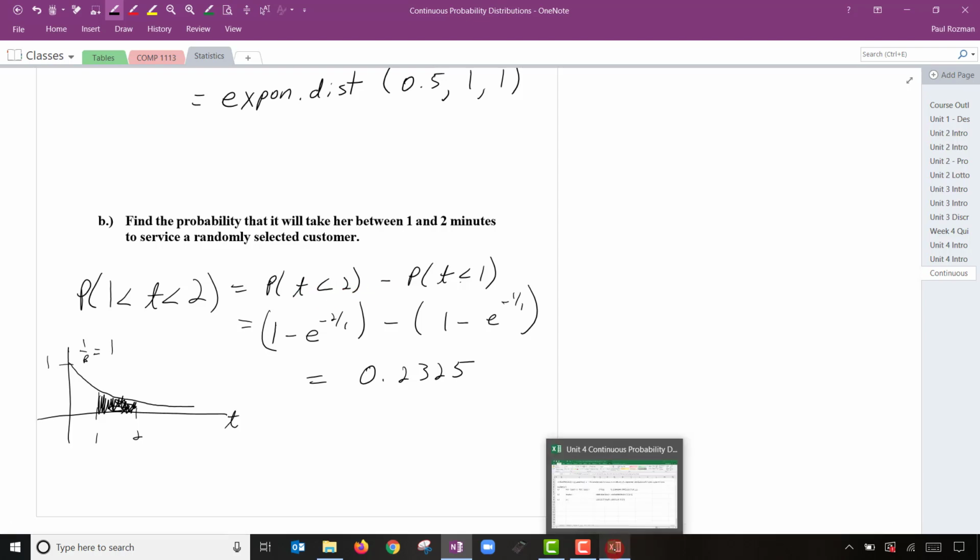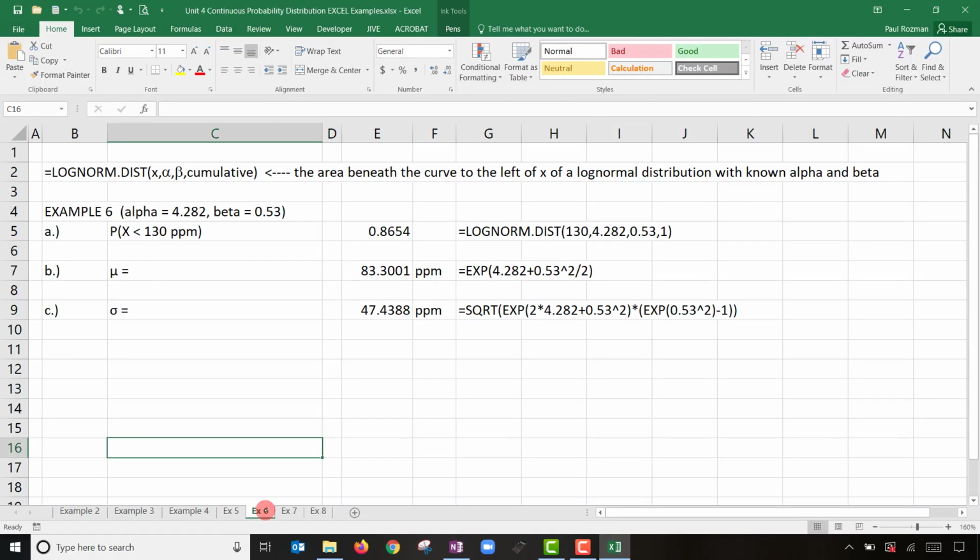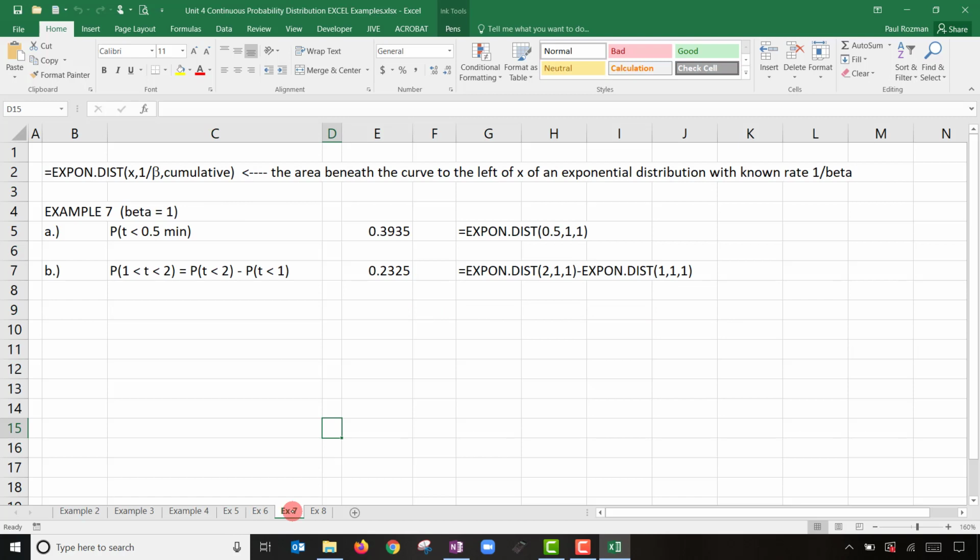Let's take a look. I think I already did this example somewhere. Let's see, example 7. We had our 1 over beta, which was 1, or beta equals 1. See the syntax? It's x, 1 over beta, and cumulative.